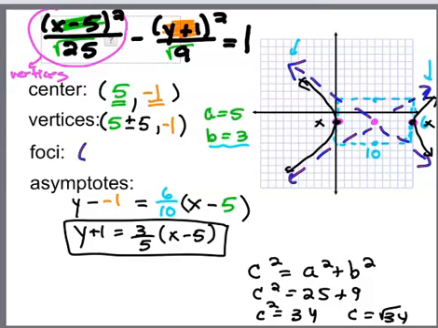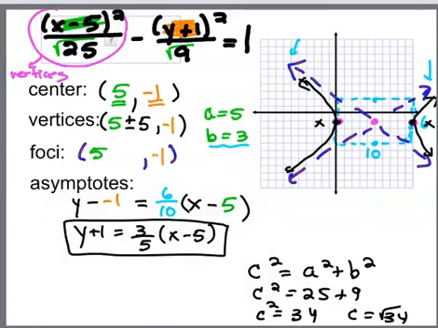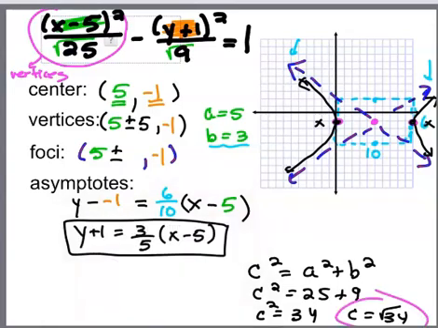So this 5 stays the same, and this is a negative 1. So this is plus minus square root of 34. The square root of 34. 5 plus 5.